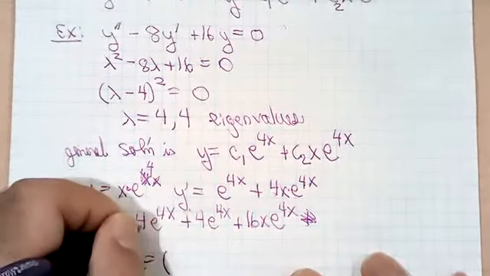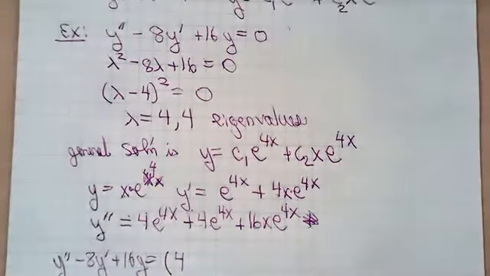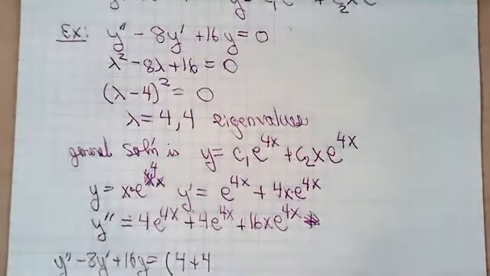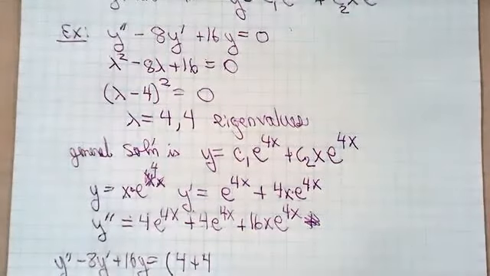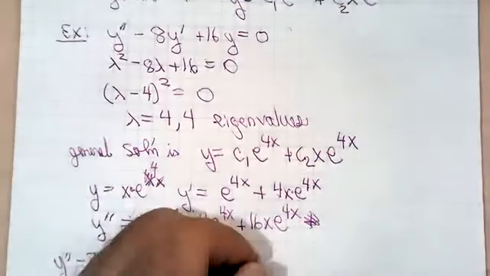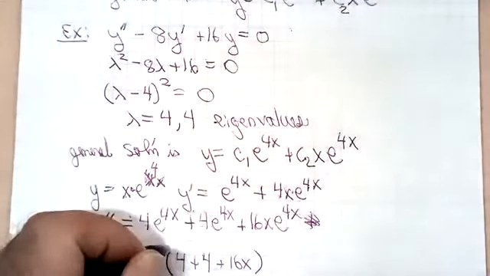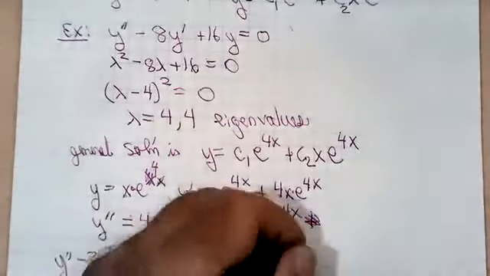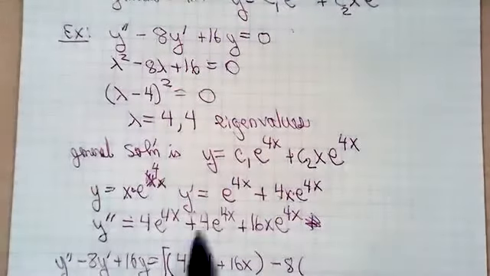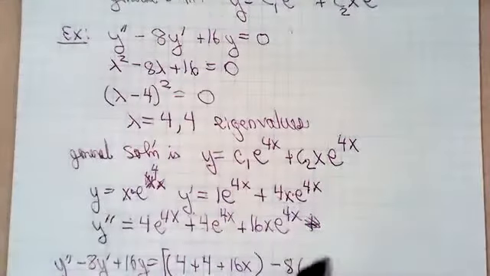I've got 4 e to the 4x plus another 4 e to the 4x plus 16x e to the 4x. That's the coefficient on e to the 4x for y double prime. And I'm going to have another set of parentheses here: minus 8 times, y prime is this one, 1 plus 4x e to the 4x.